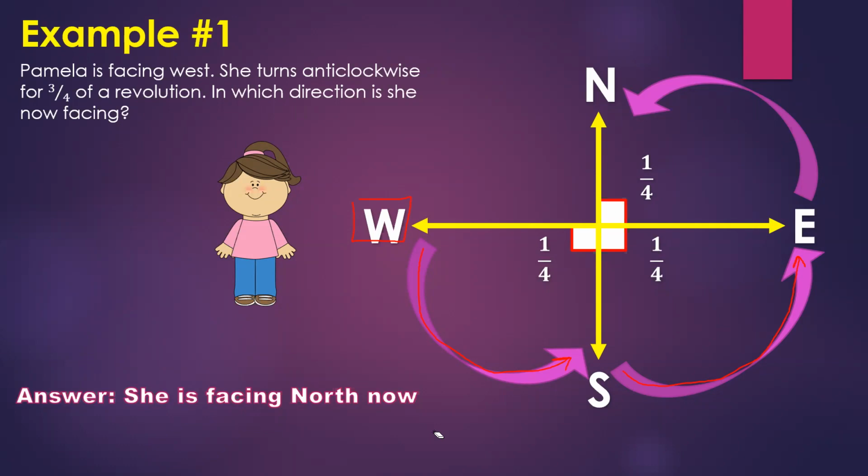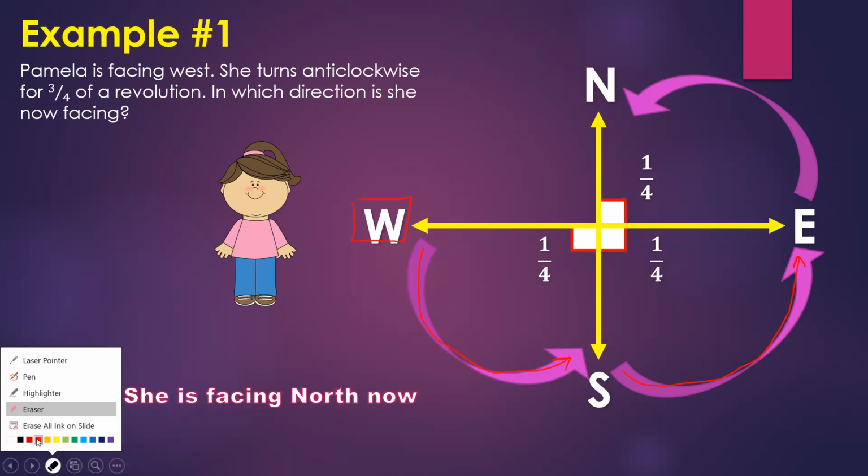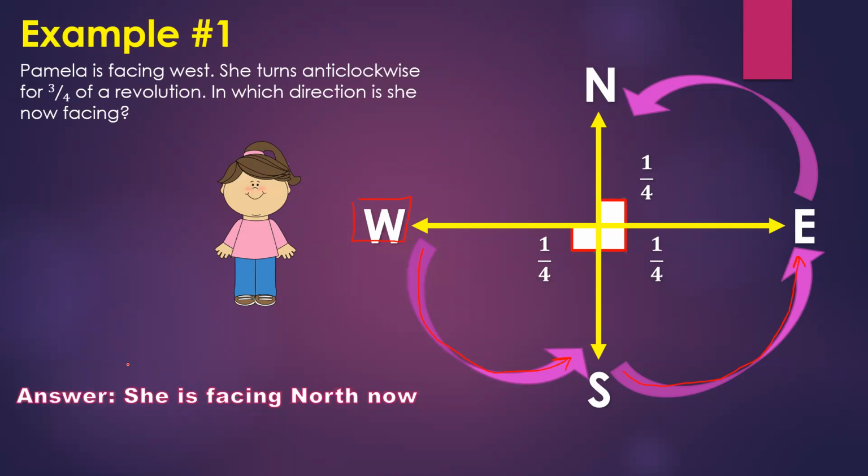Yes, sir. How about you, Korai? Do you understand how we got our answer for North? Yes, sir. Okay. Shekinah, are you there? Yes, sir. Do you understand how we got our answer for North? Yes, sir. Okay, good.